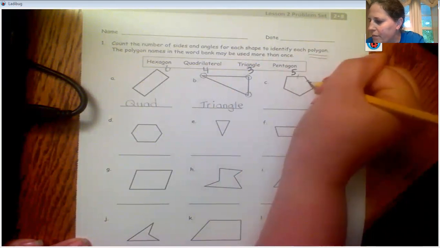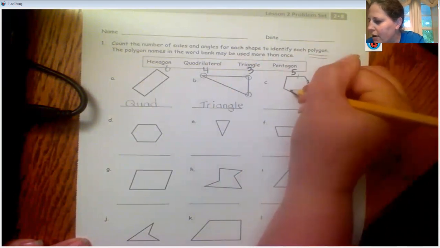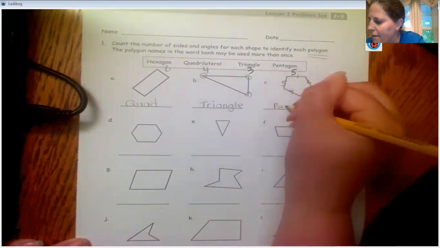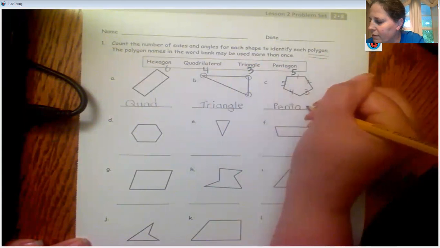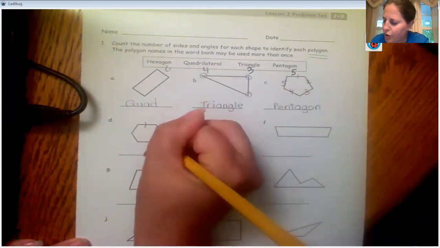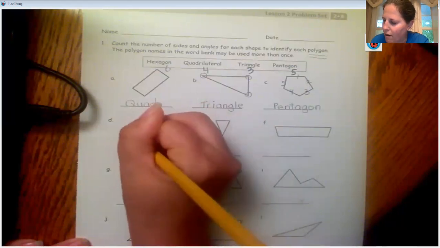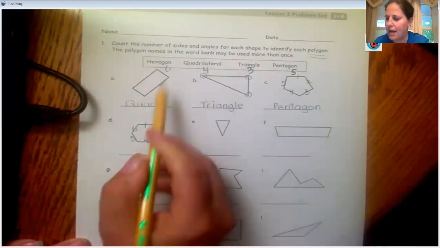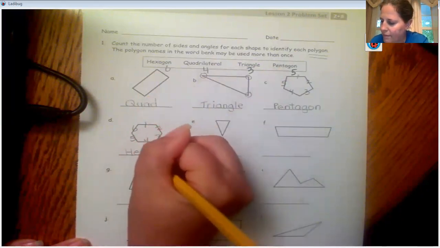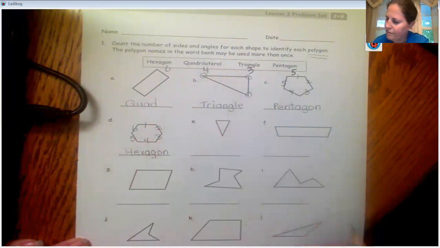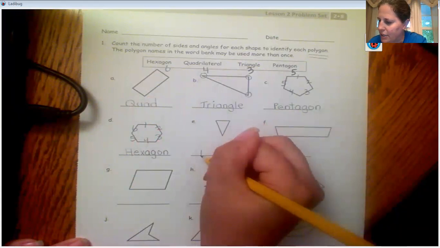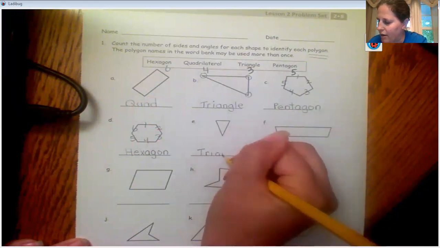So 1, 2, 3, 4, 5 sides, I know, is a pentagon. 1, 2, 3, 4, 5, 6 sides gives me a hexagon. Letter E, I see has 3 sides, so I'm going to label that a triangle.